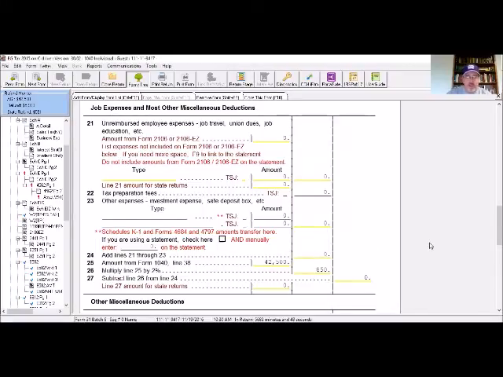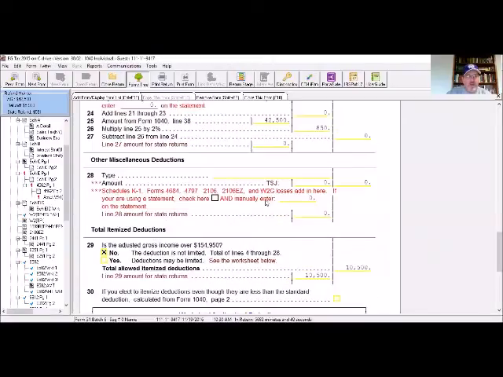At the bottom, we have other deductions. This is where, when we do a W-2G for gambling winnings, that's on line 21 of the 1040, at the bottom of that W-2G there's an area where we put losses, which can only be equal to the winnings. That is where this will carry over onto line 28. Other things that we can put on there are offset payments for Social Security or benefits.